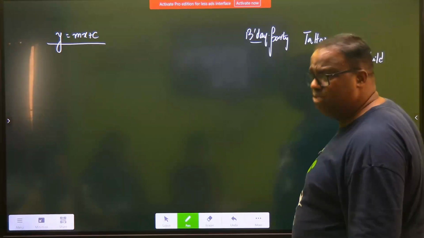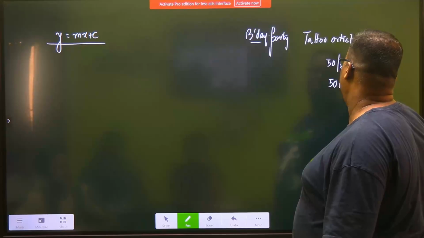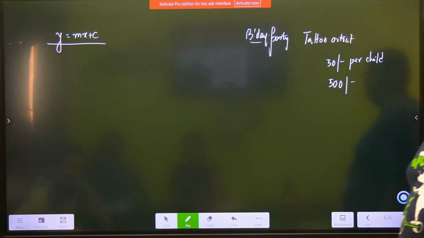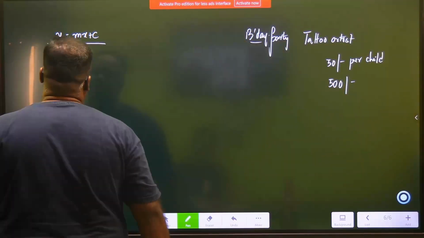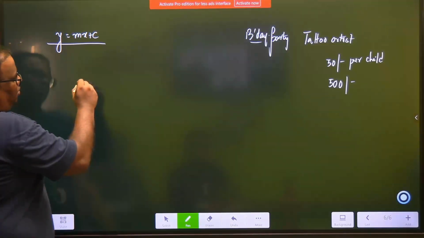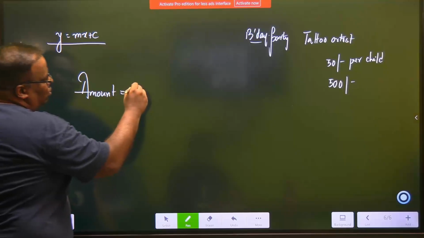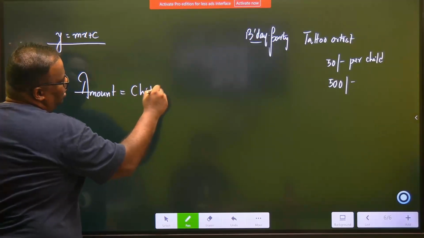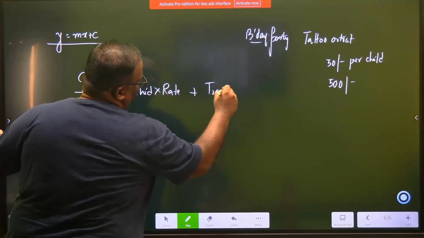And since I'm coming from Secunderabad, sir, please give 500 rupees for to and fro. Pay me 500. Let us ask the computer to prepare his bill. I think the computer will prepare a bill which is like amount is equal to child into rate plus transport.